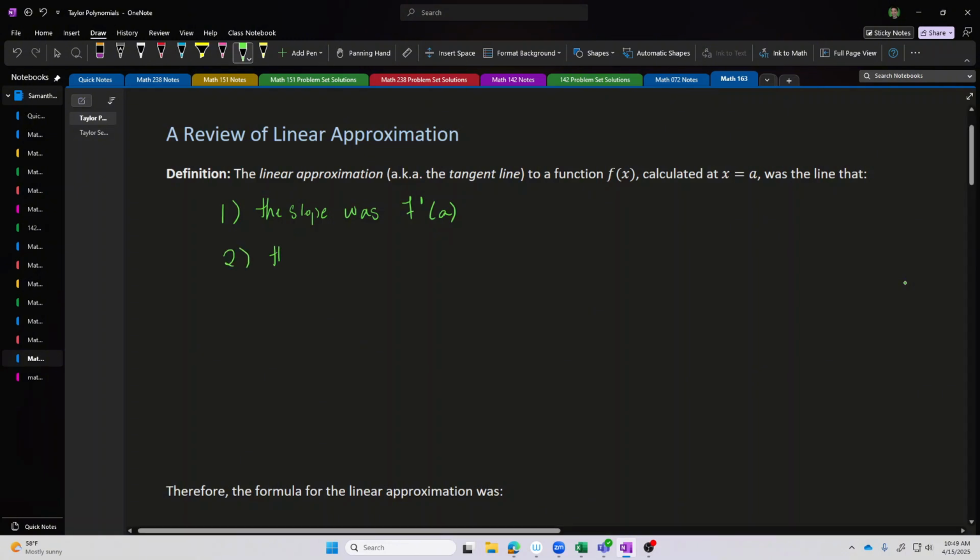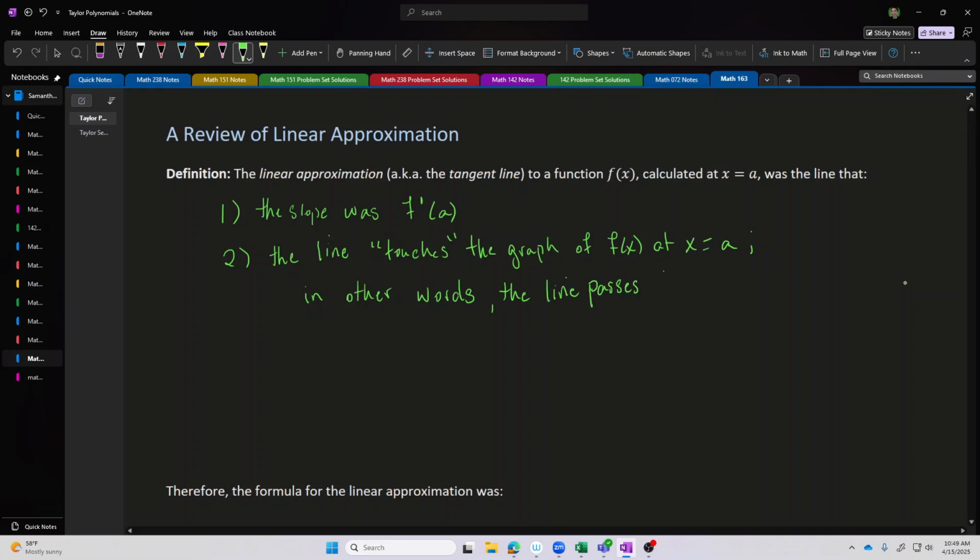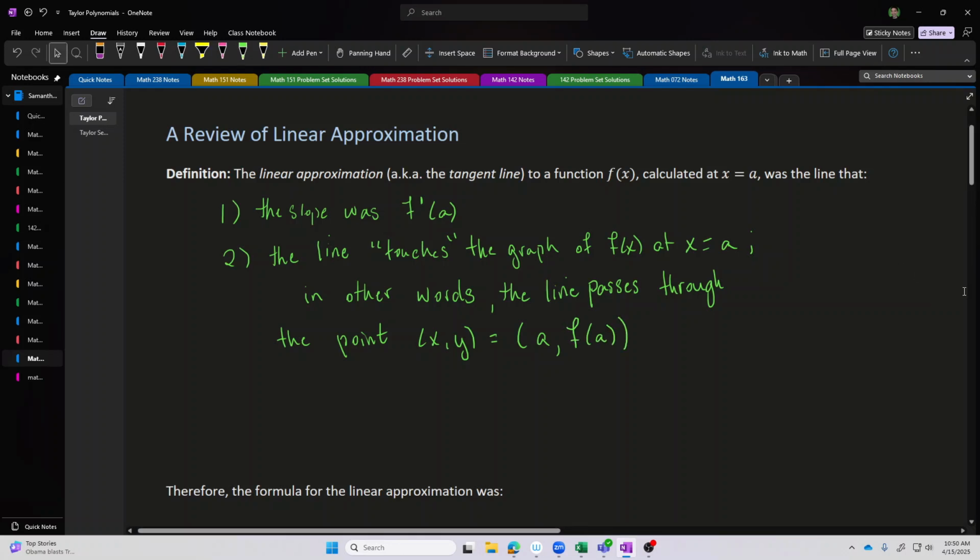And second of all, the line touches the graph of the original function at x equals a, or put another way, in other words, the line passes through the point in two-dimensional space where the x-coordinate is equal to the a value at which you're doing the calculation, and the y-coordinate is a match to the output of the original function at that specific value of a.